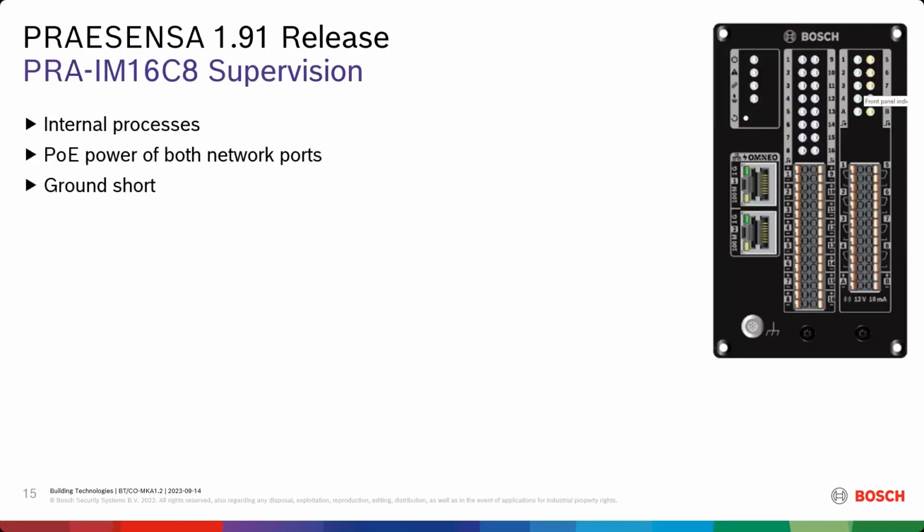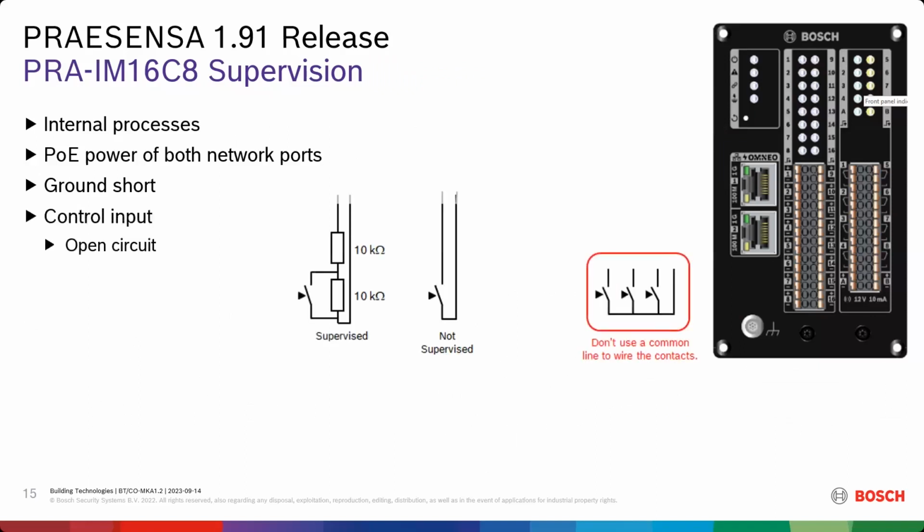Further in supervision of the I/O module are the internal processes, the PoE power on both network ports, and an optional ground short. When you look at the control inputs, it's similar to how the inputs are monitored from a multifunction power supply.